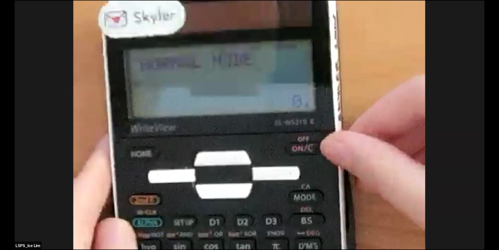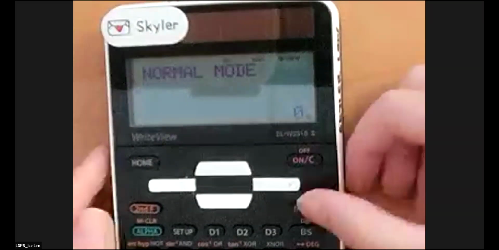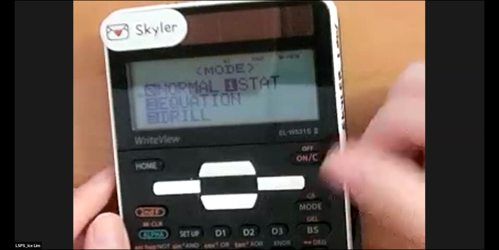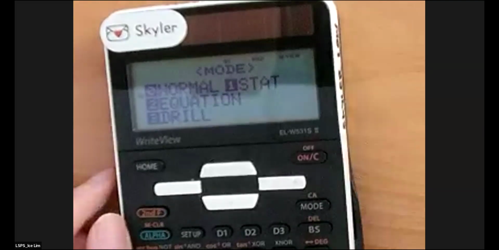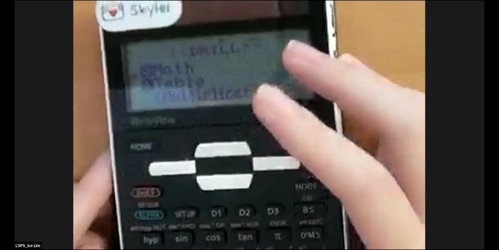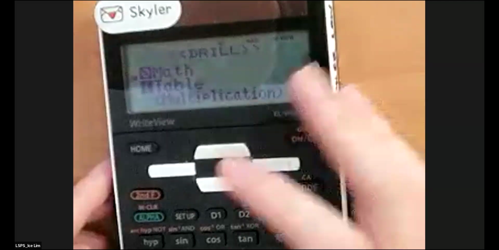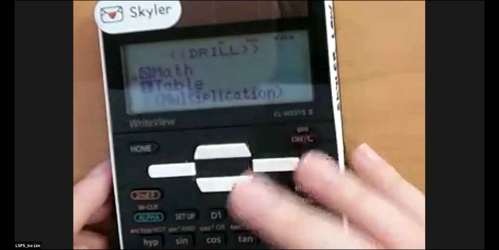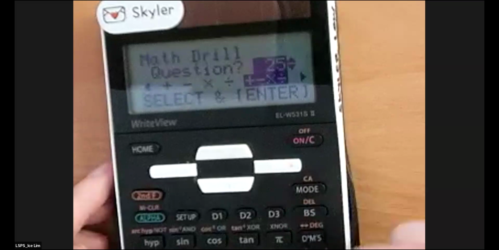Wait. Make sure you can see your calculator on the screen there. Yes. Okay. Okay. And then number one set question number three. Okay. Kita do math table. Just gonna press 0.